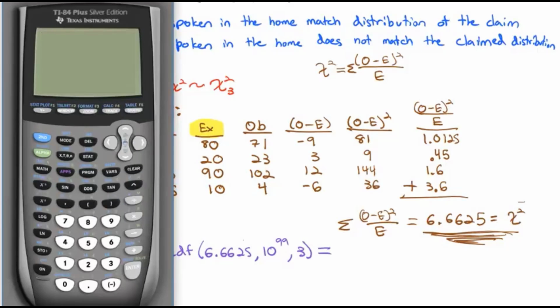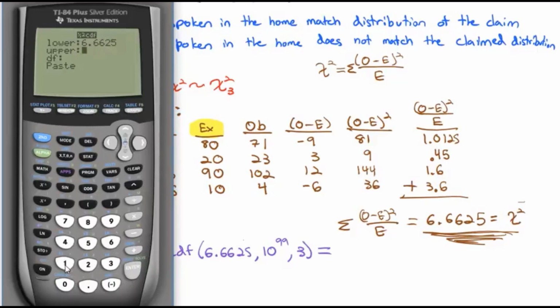So on our calculator, to get the chi-squared distribution, we're going to hit second, and then the vars button, which gives us distribution. And we'll scroll down. We want the chi-squared CDF. It has to be the CDF. Make sure you don't do the PDF. We're never going to use that one. The CDF, the lower limit is 6.6625.